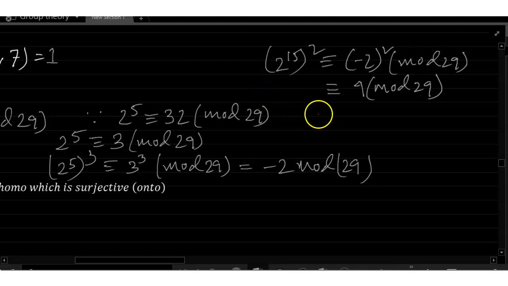It can be written as 2 to the power 28 into 2 square equivalent to 4 mod 29.